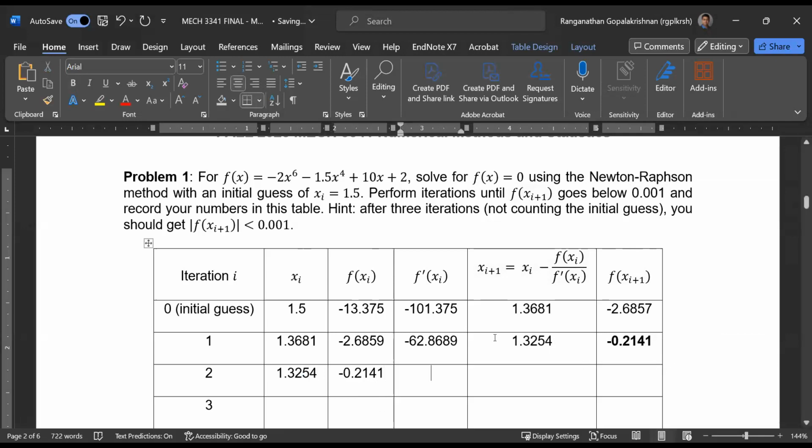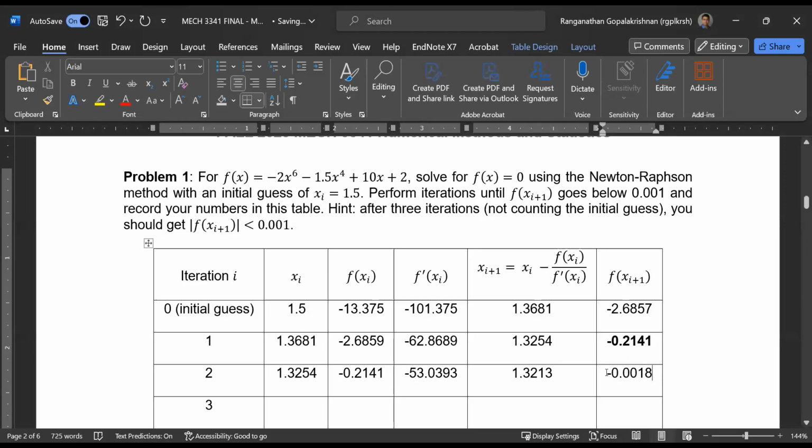And then what is f dash of x? The f dash of x value is minus 53.0393. And then what is x_i plus 1? That is 1.3213. And the value of the function is minus 0.00118.